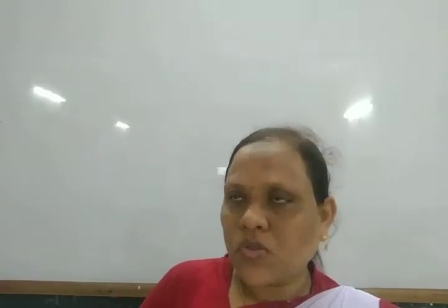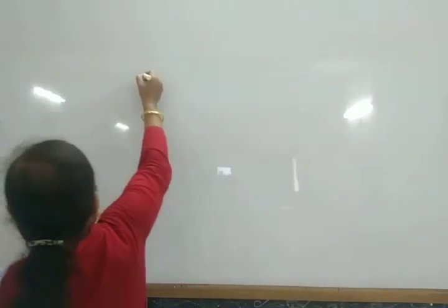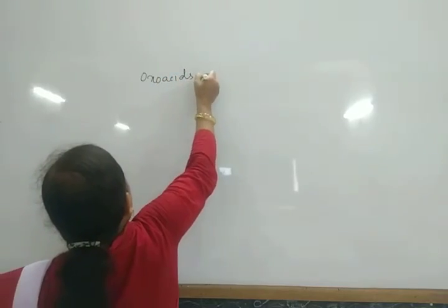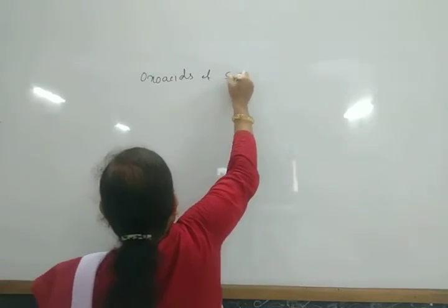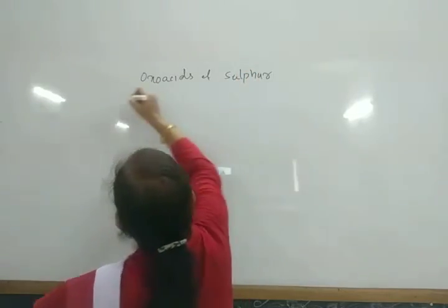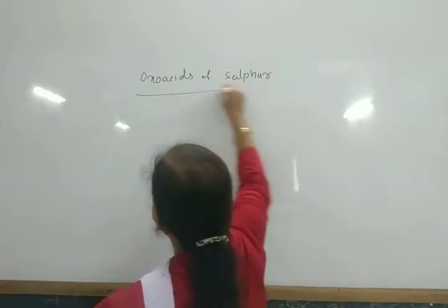Now, sulfur again forms a series of oxo acids. Next we come to the oxo acids of sulfur.